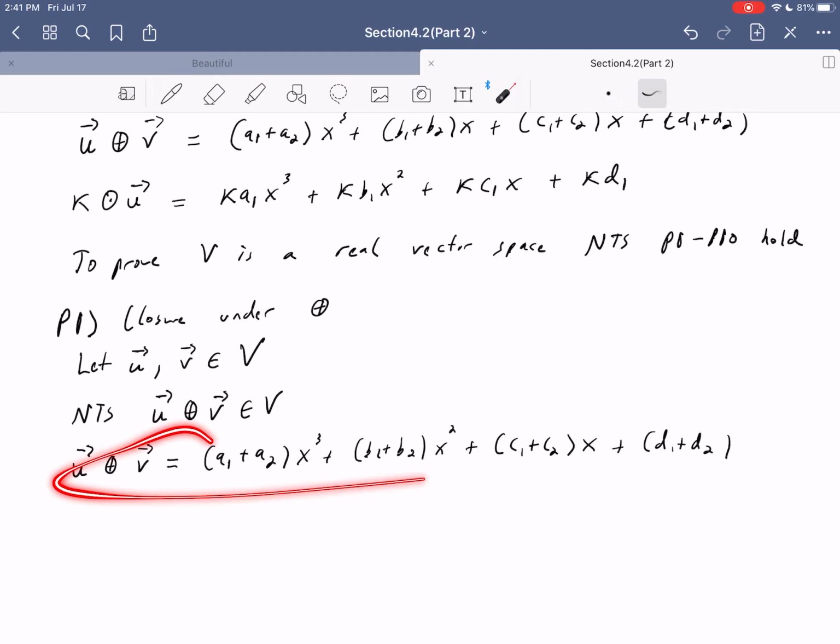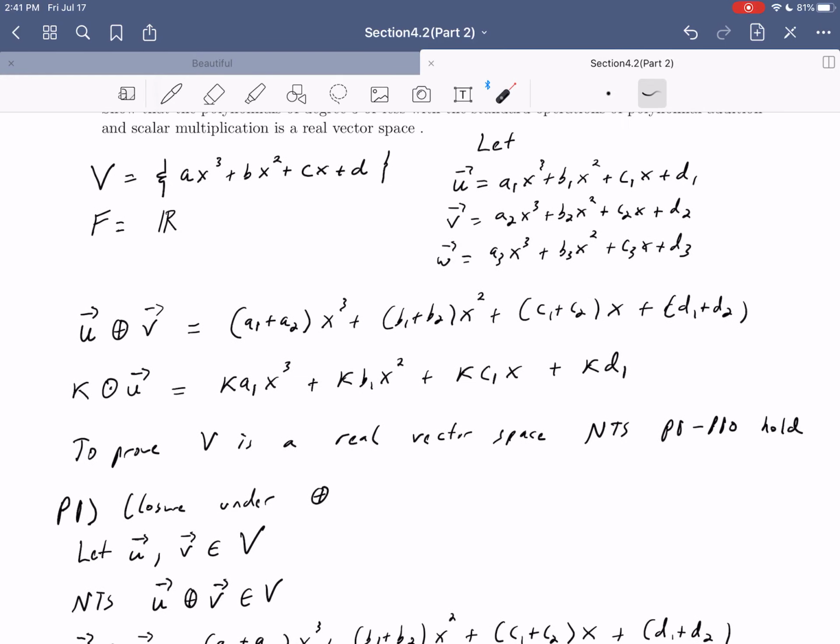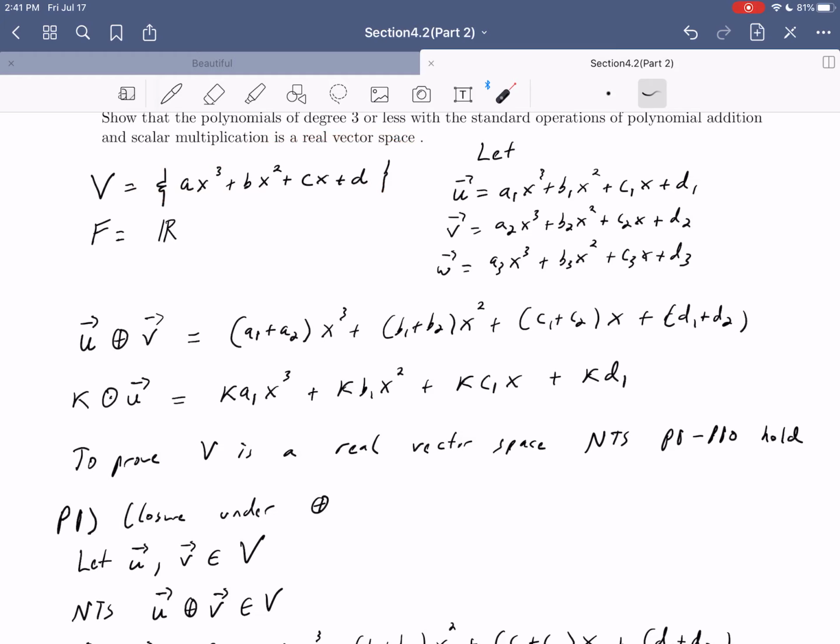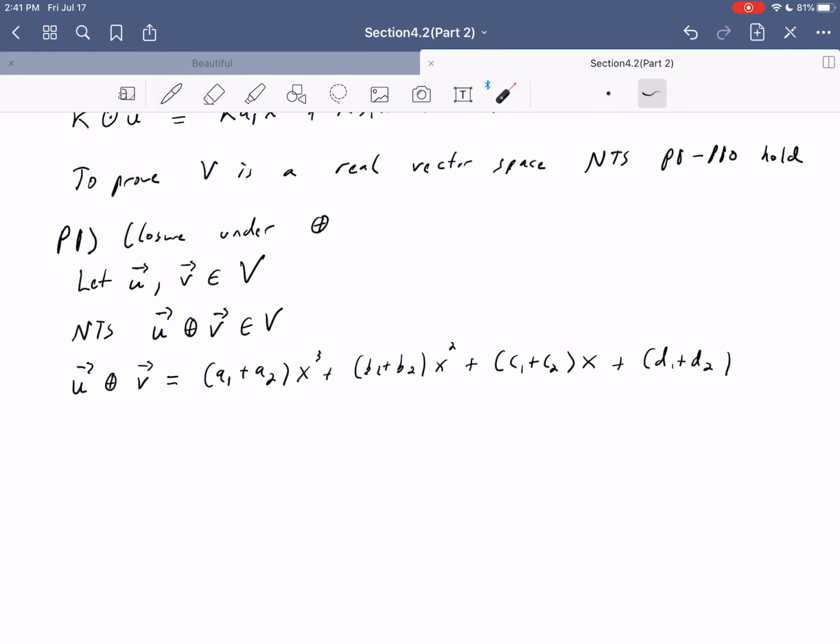That's what the vector addition is. Now, how do we show that this is an element of V? Well, to be an element of V, you need to be a degree 3 or less polynomial. If we wanted to, we could probably just say, well, this is clearly a degree 3 or less polynomial.